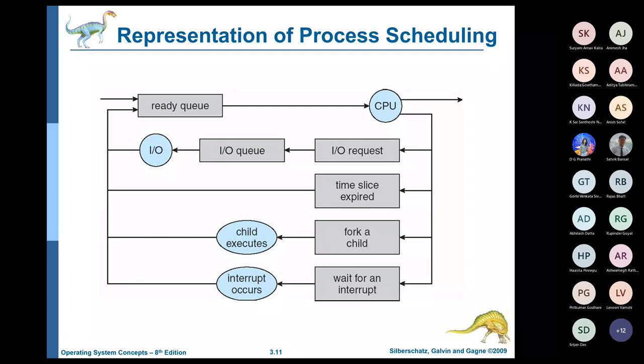The third procedure is forking a child. What is forking a child? There is a process by which a process itself might give rise to another process. I will not go into the details of that mechanism. You will learn it in great detail in your operating system theory and lab courses next semester.